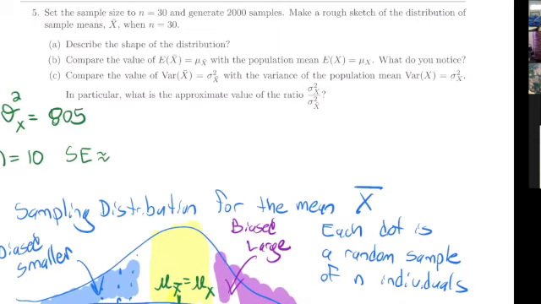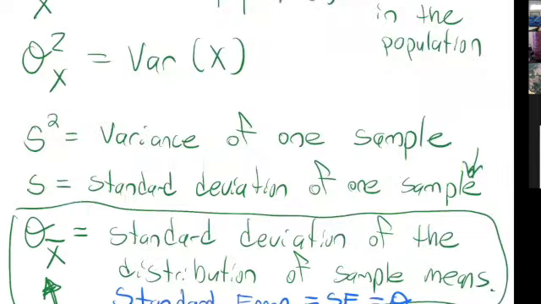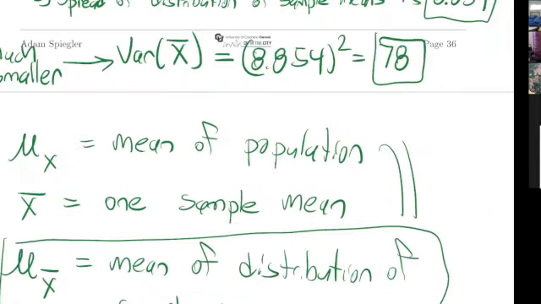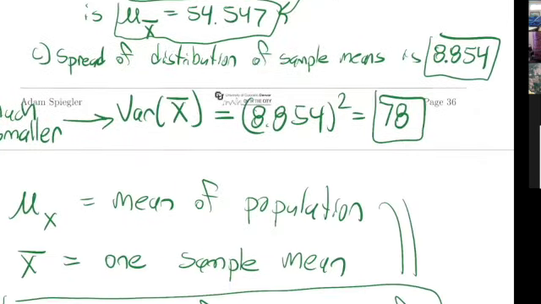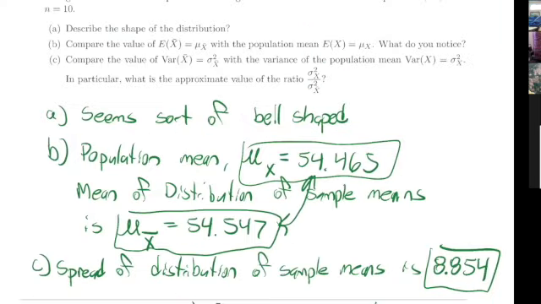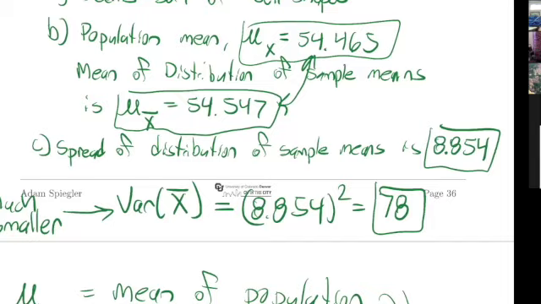So that's the variance of the population. And so when n was 10, we found the variance of the sampling distribution that was, I think, like 78. Is that right? Yeah.